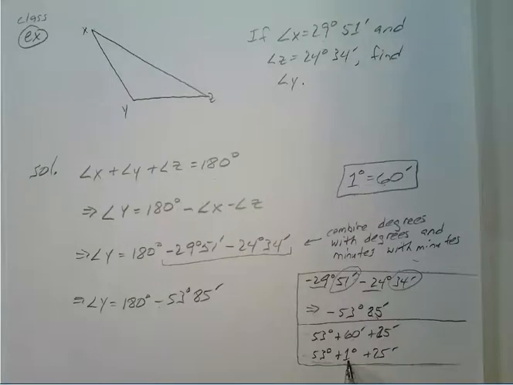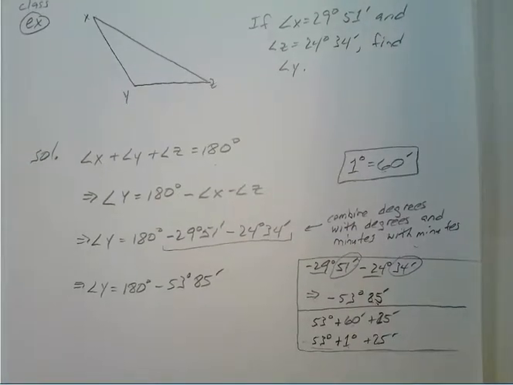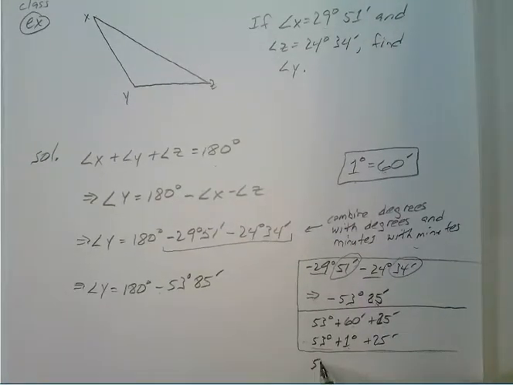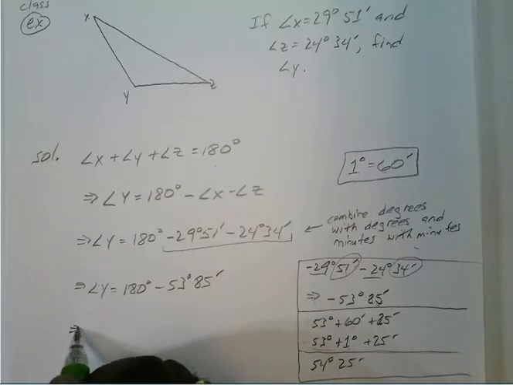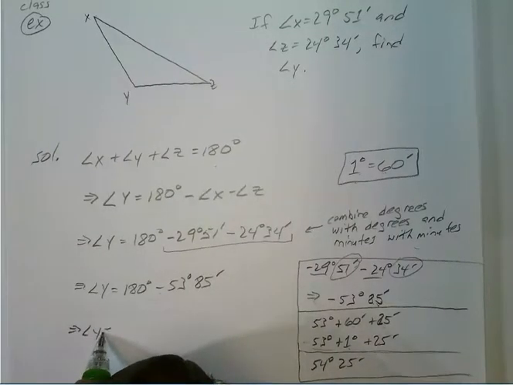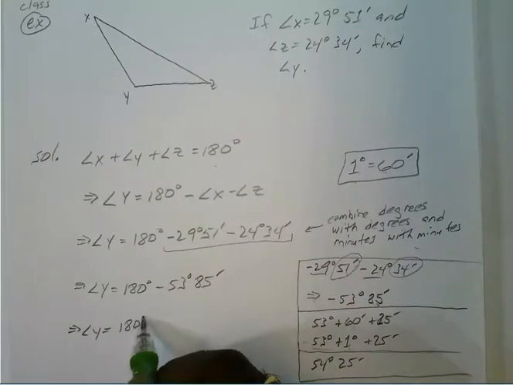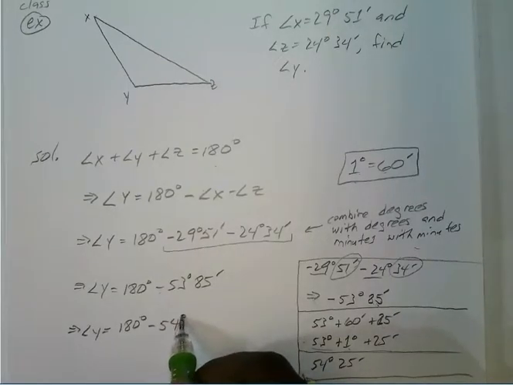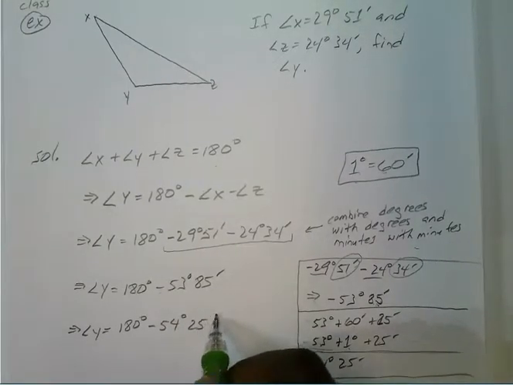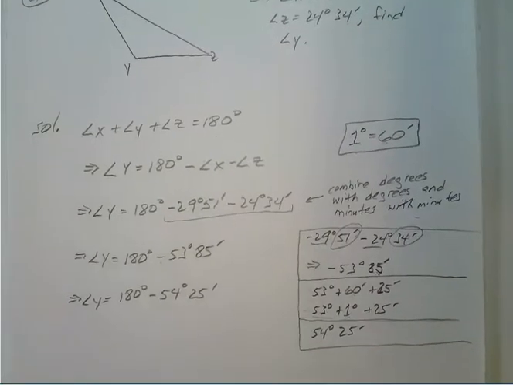So 53 degrees plus 1 degree is 54 degrees, plus 25 minutes. So this is now angle Y is equal to 180 degrees minus 54 degrees and 25 minutes.